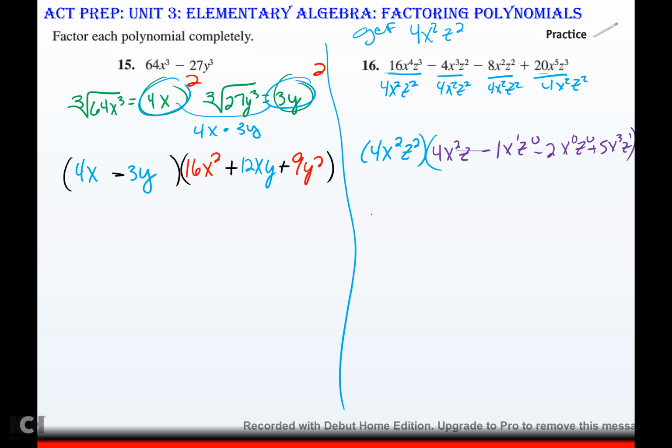Clean up the 0 degrees, so I have 4x squared z squared times 4x squared z minus x minus 2 plus 5x cubed z.